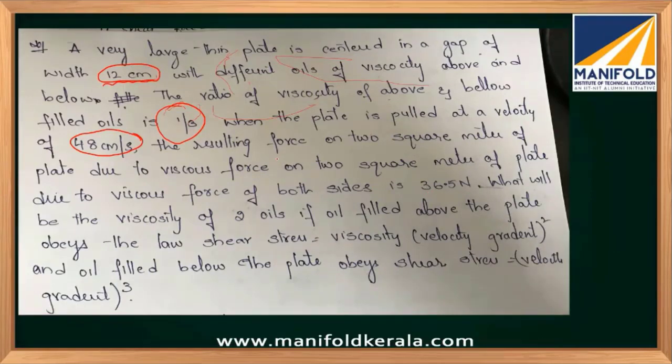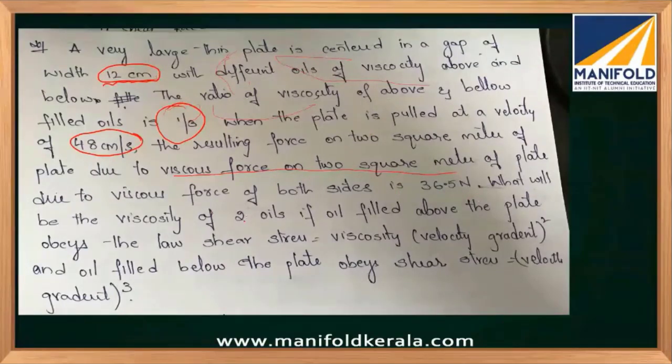Here what the question means is the resultant force on 2 square meters of the plate due to viscous force. This line is double printed. Please omit this. It is 36.5.